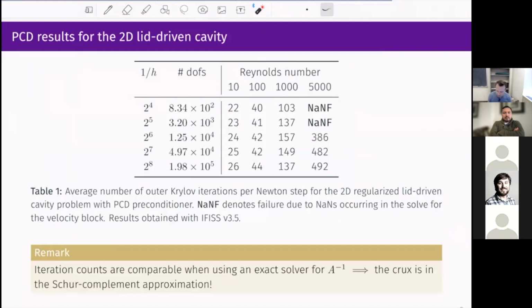But as we increase the Reynolds number, the iteration counts blow up. For Reynolds number 5,000, we need 500 iterations to find a solution. And actually, you can run the same experiment using an exact solver for A inverse. And that means that the key difficulty here lies in approximating the Schur complement.